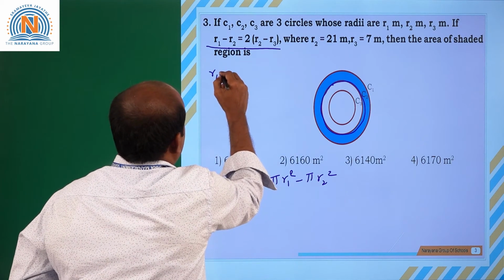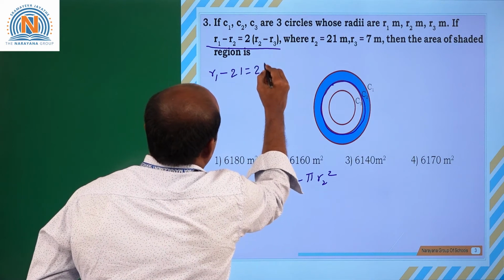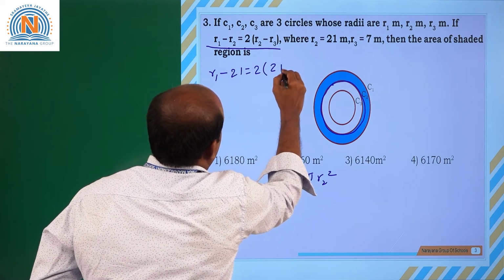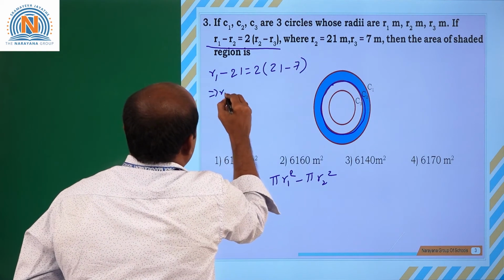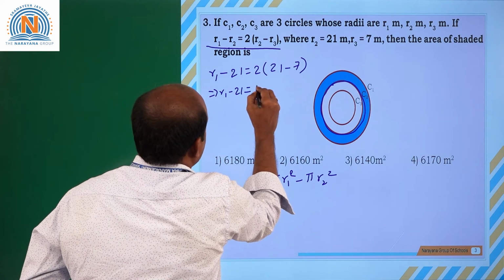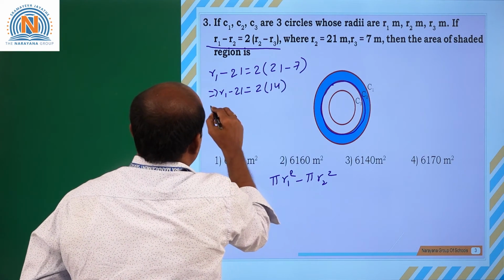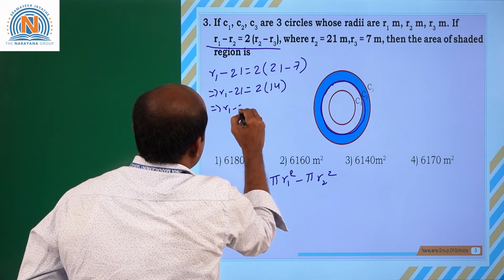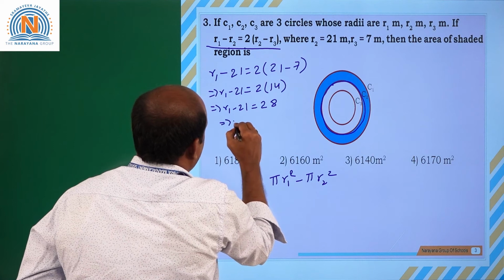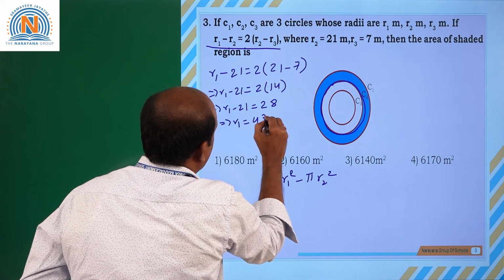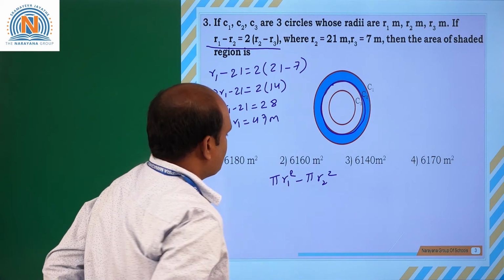So R1 minus R2 is equal to 2 into R2 minus R3. That implies R1 minus 21 is equal to 2 into 21 minus 7, that is 14. That implies R1 minus 21 is equal to 28, implies R1 is equal to 49 meters.